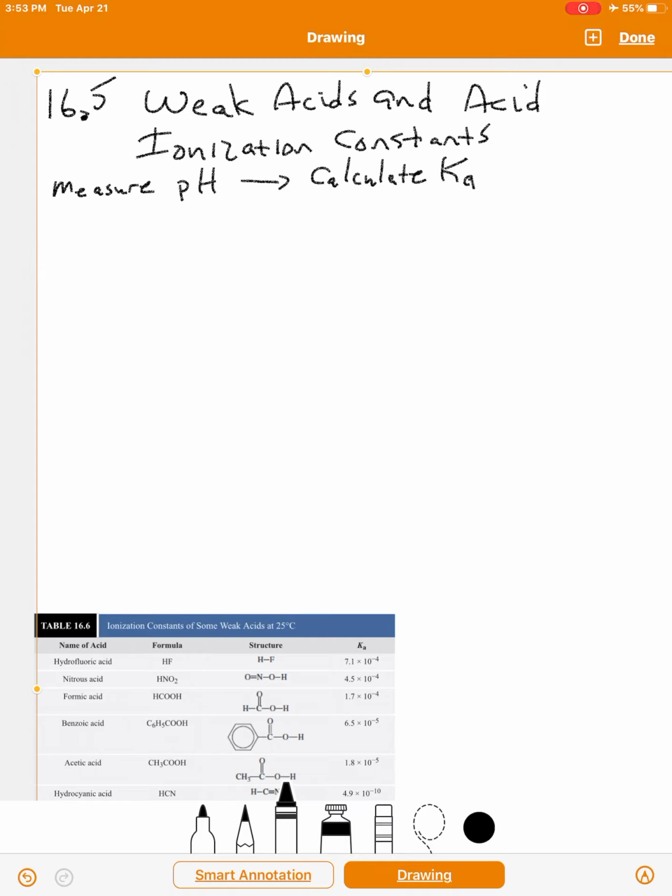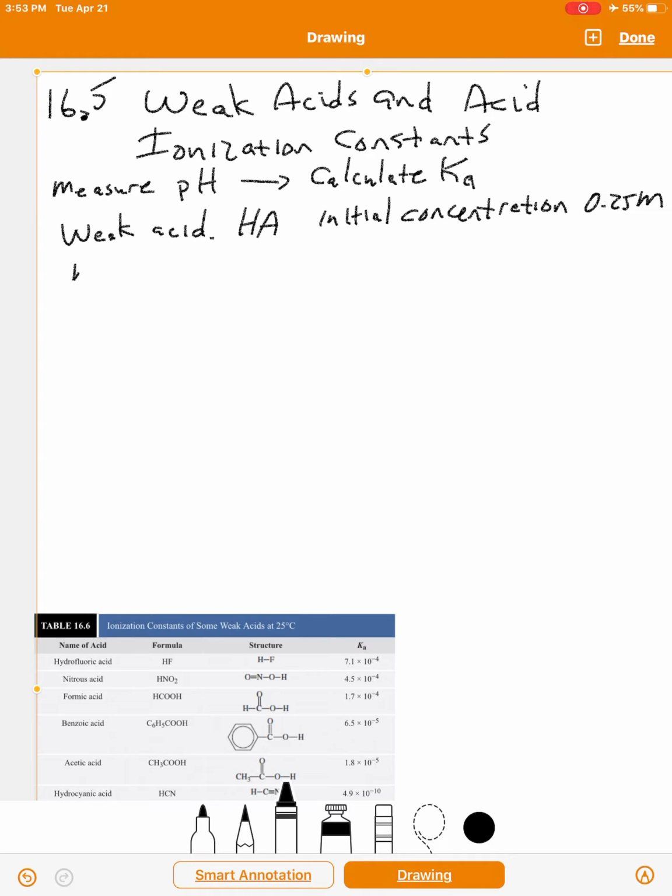The example that your textbook gives is a hypothetical acid they call HA, and it has an initial concentration of 0.25. So let's say we have a weak acid. We'll call it HA, and the initial concentration is 0.25 molar.